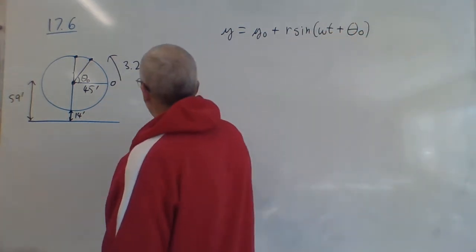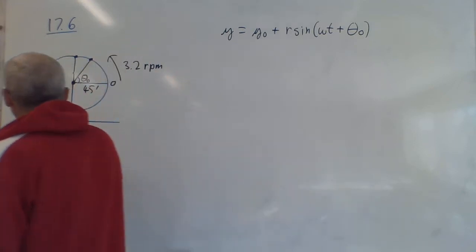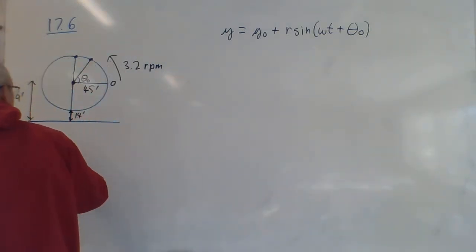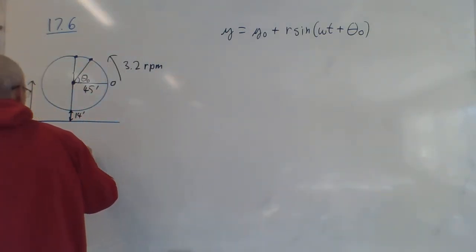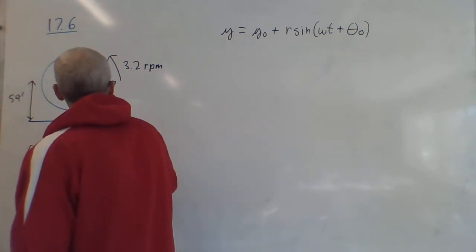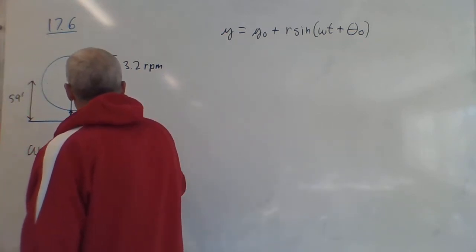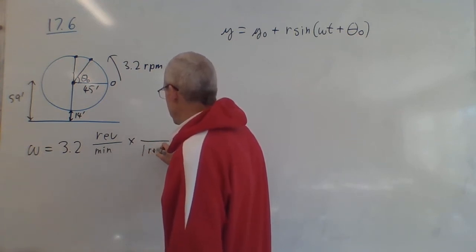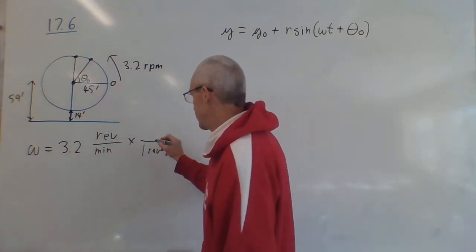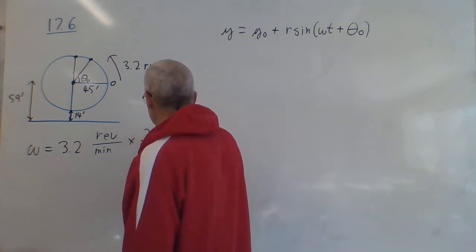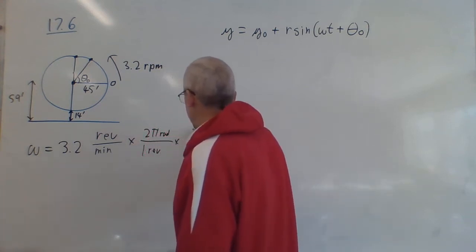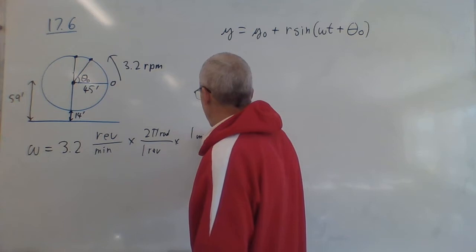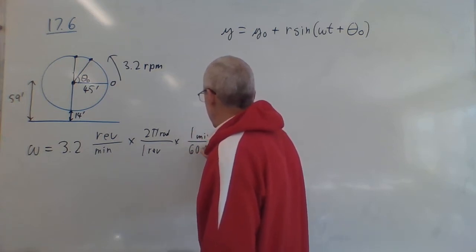So we have to figure out what omega is in radians per second. Omega is 3.2 revolutions per minute, so we have to change that to per second. One revolution, put that in the bottom to cancel, is the same as 2 pi radians. And 1 minute, put the minute at the top, is the same as 60 seconds.